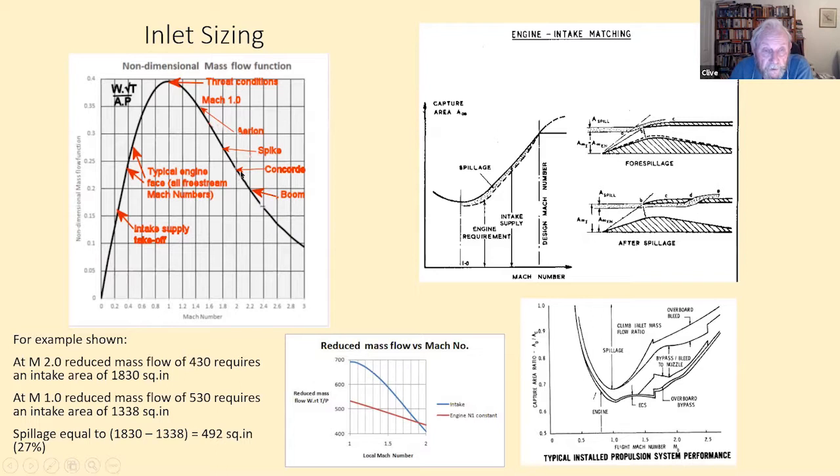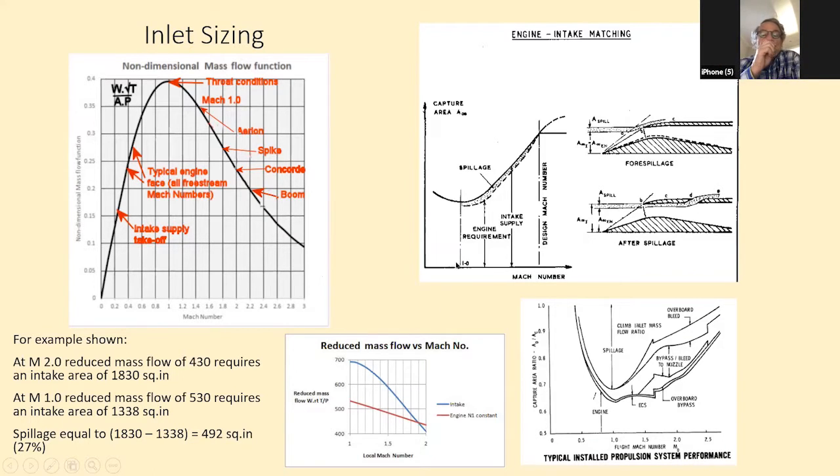The problem is that if you then make an intake, let's say, which matches a particular requirement there for 430, as you fall back in Mach number, the engine will in fact increase in mass flow slightly, but because of this effect, the intake is able to capture a hell of a lot more.